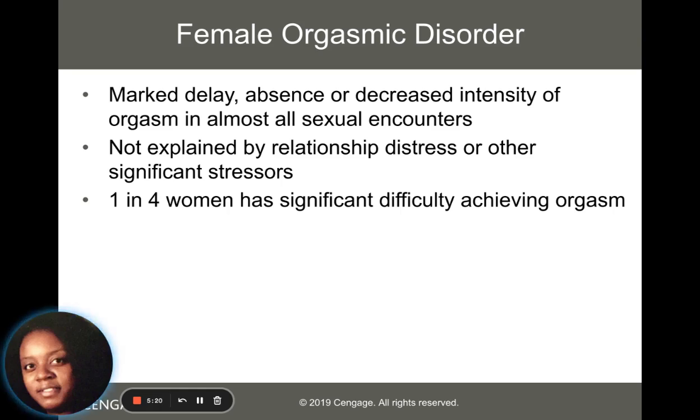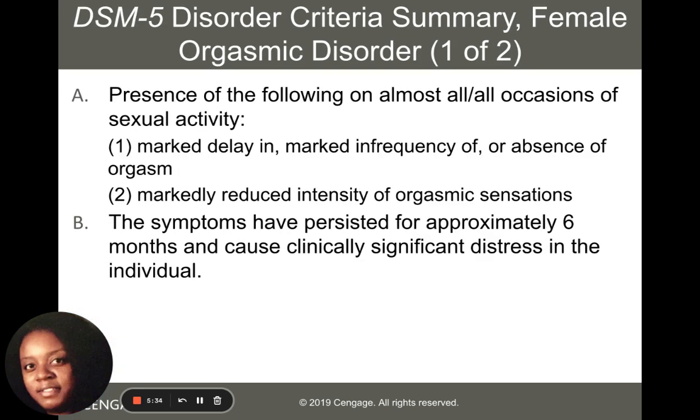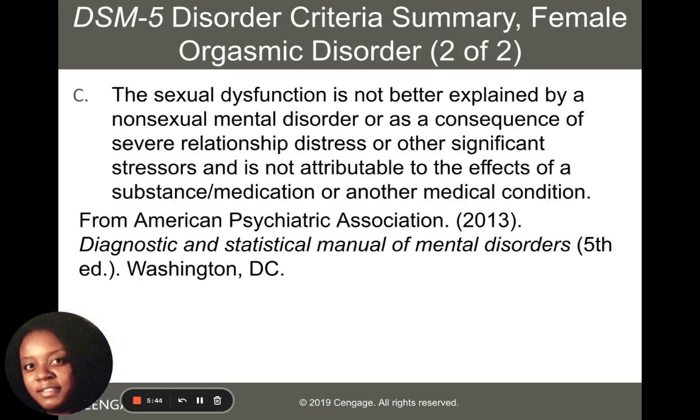It typically happens in 1 to 4 women who have significant difficulty in achieving an orgasm. Here are the criteria for this disorder. It's going to occur on most all occasions for at least 6 months.